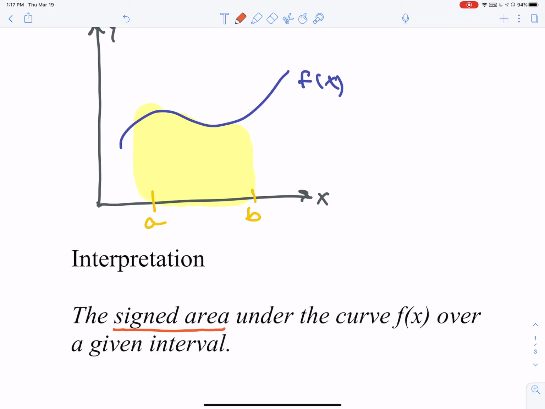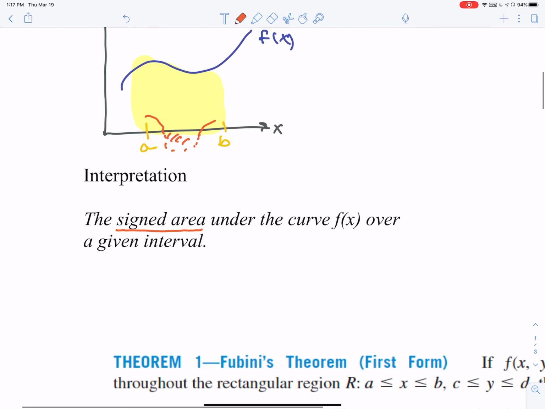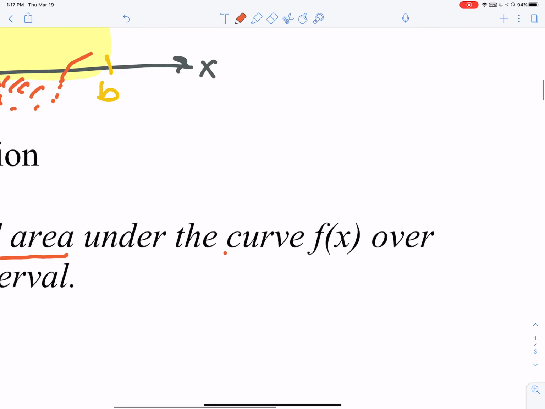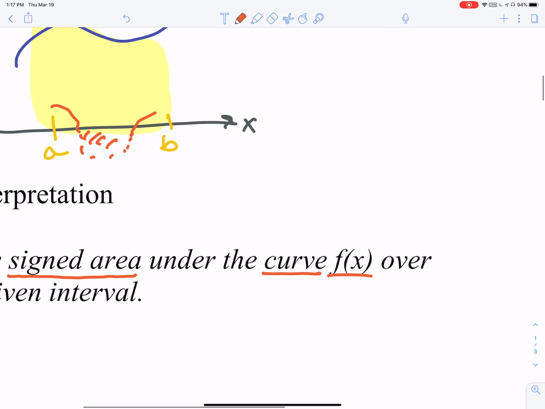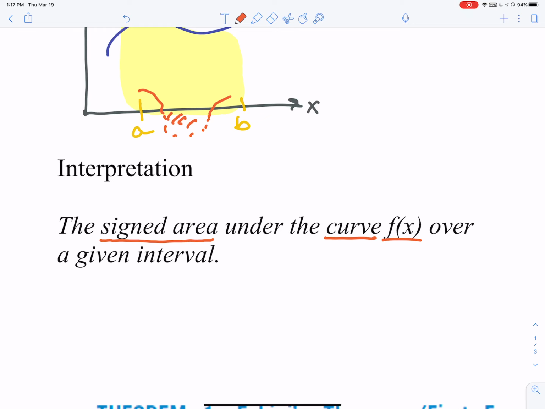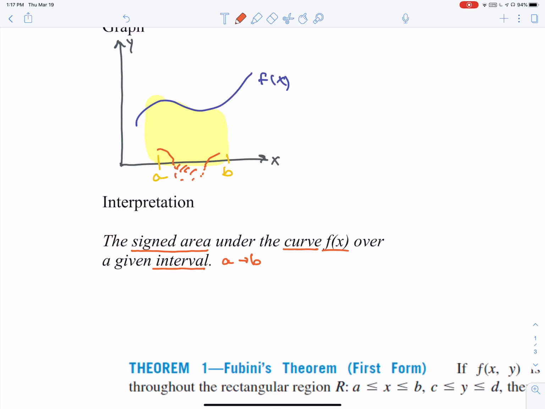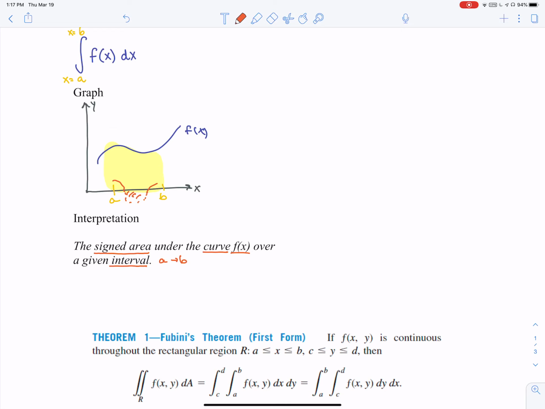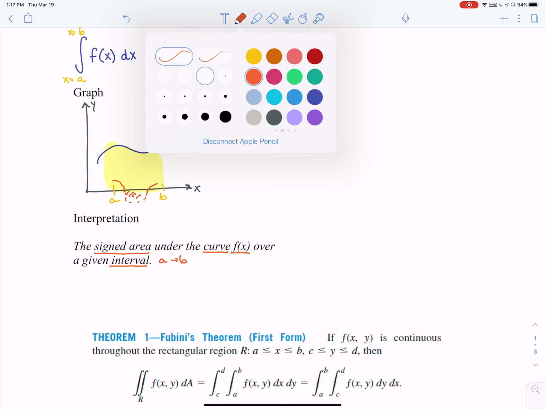You can't in general have negative area, but when we're talking about integration and the interpretation of it, if this function dips below the x-axis, then this counts as negative area, right? So we have the signed area under the curve f of x. If it's a function of one variable, then you have a curve over a given interval, and that's usually written as like a to b. So those are the important parts in that sentence.